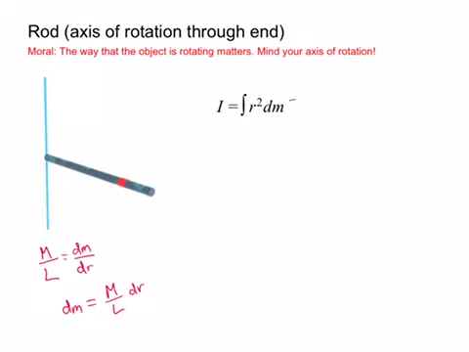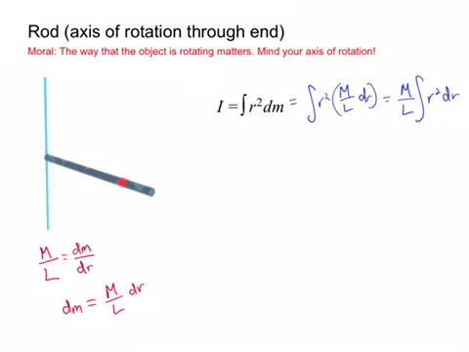Now, when we substitute into our integral like before, you'll notice that it does end up being the same to begin with. So we still have our big M over big L and our differential dr, and we can pull out that big M over big L, and we're still left with this.